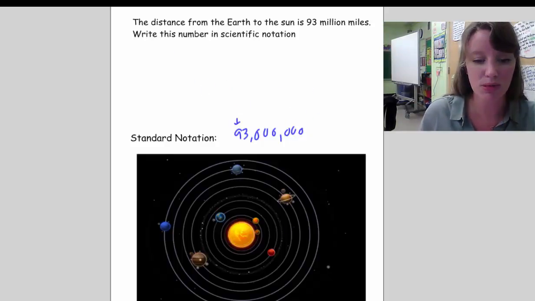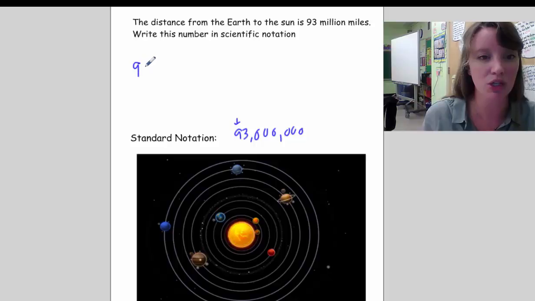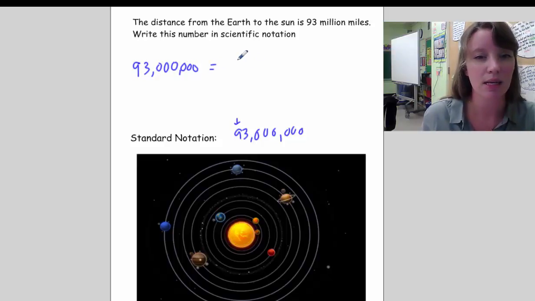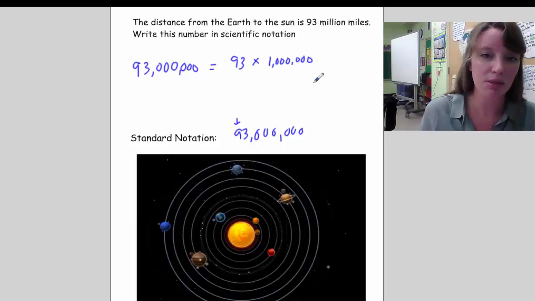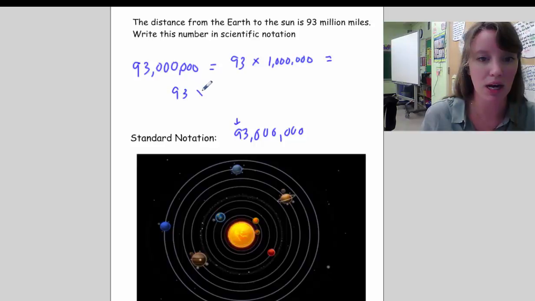Now, if you're going from standard form to scientific notation, what you're going to do is divide by powers of 10. Or you can think of it as rewriting it as 93 times a million, so 93 times 10 to the 6th power.